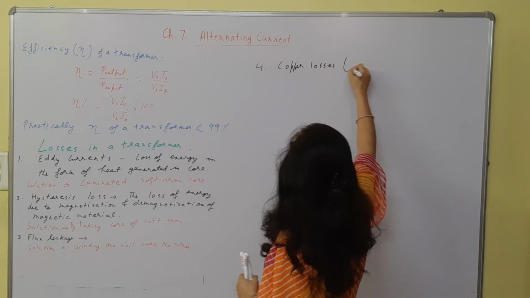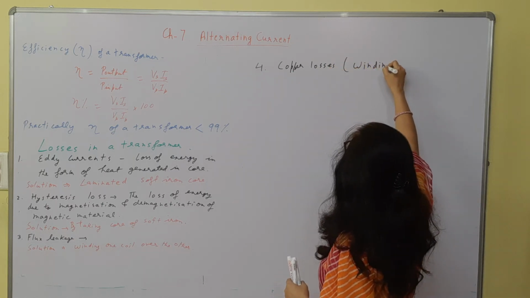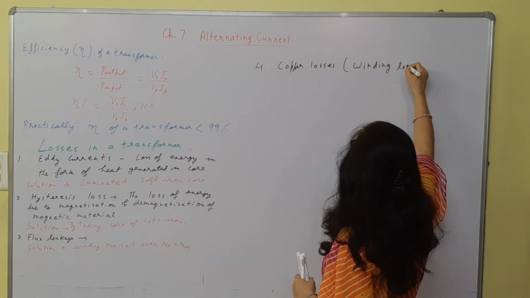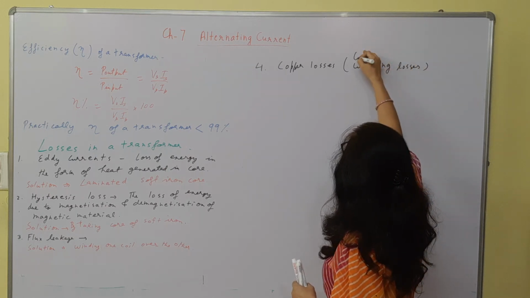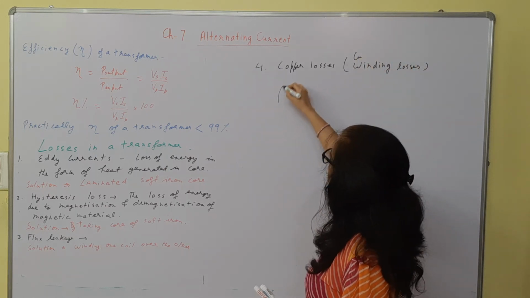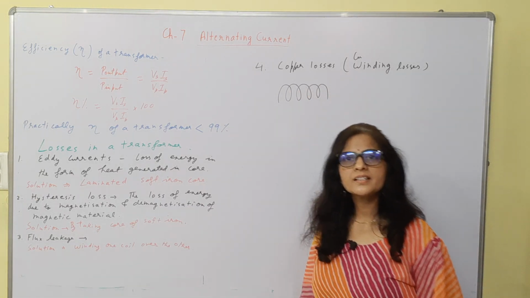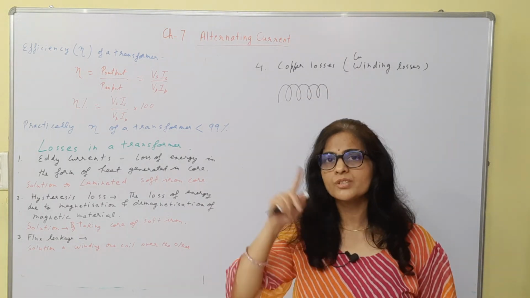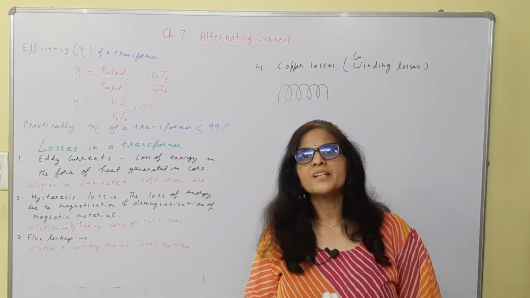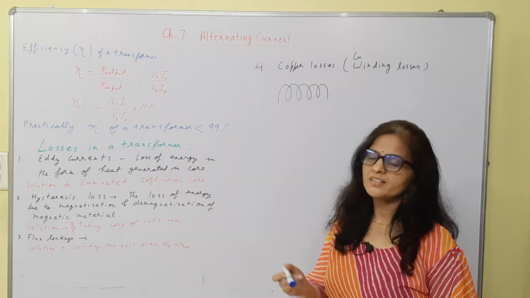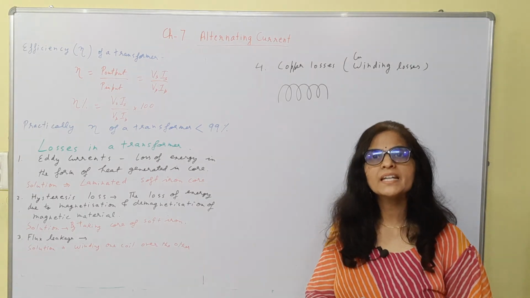Copper winding losses, because we know that in an inductor the winding is of copper wire. So ideally we consider that inductor has no resistance, but due to this copper winding there will be some resistance. So this will result in the loss of energy in the form of heat.